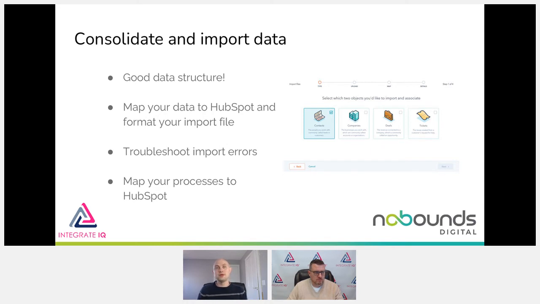More than once have I seen people bring in a bunch of data only to decide that they're going to start fresh again, because they really weren't conscious about having good data structure at the outset, making sure they were appropriately importing these files and troubleshooting the errors with their data.